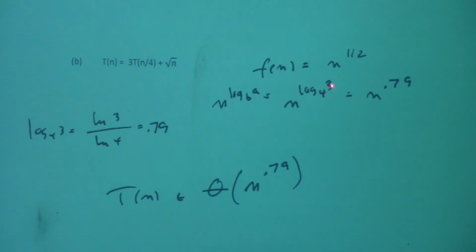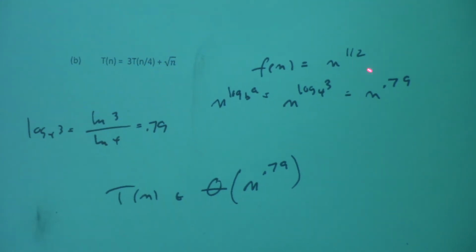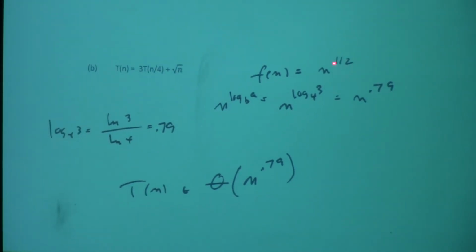Log base 4 of 3 is equal to natural log of 3 over the natural log of 4, which is 0.79 approximately. So you can see that this number, 0.79 and 0.5, is asymptotically higher. Right? So therefore this is 0.5, this is 0.79. Therefore our complexity is theta of n to the 0.79.